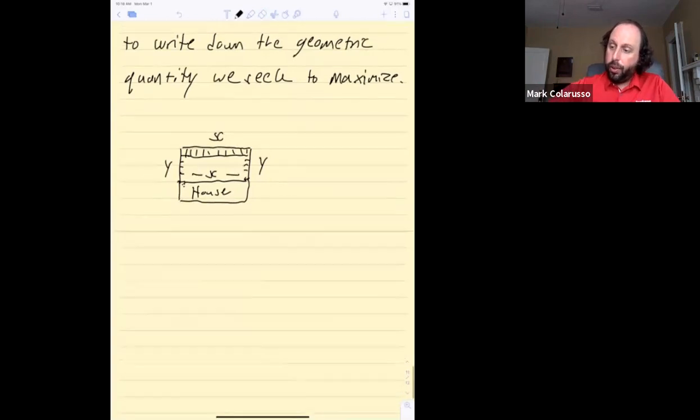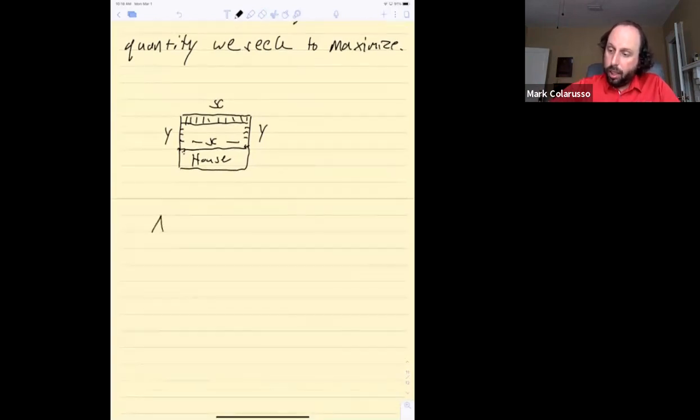All right, so that's step one. Step two is to write down the function we want to maximize.